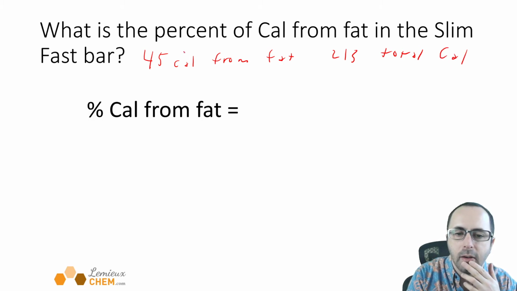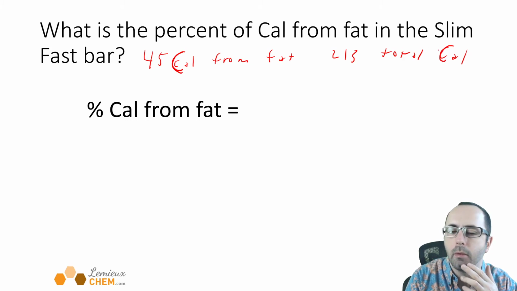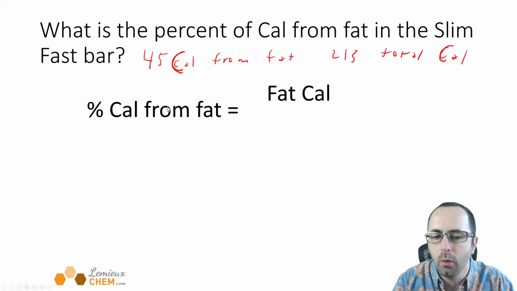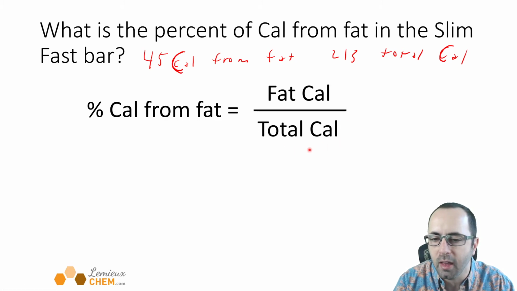And these are dietary calories, big C, make sure to put that big C. So we're going to put the part that we're interested in, which is the calories from the fat, on top, because that's what we're interested in. So we put the fat calories on top, and then we divide that by the whole thing, all the calories.